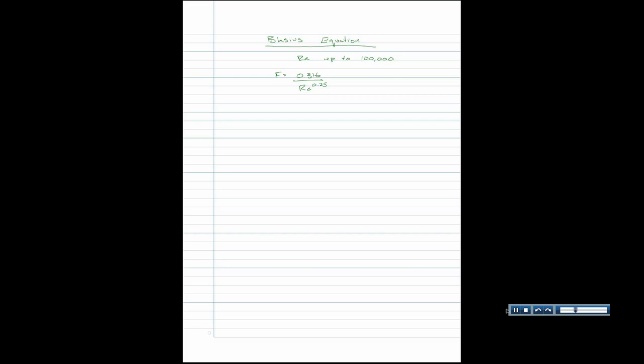Okay, remember our previous K sub S was 0.15 millimeters. Our previous D was 136 millimeters. Our previous Reynolds number, 1.872 times 10 to the 6th. So we're not in the right range to use the Blasius equation.